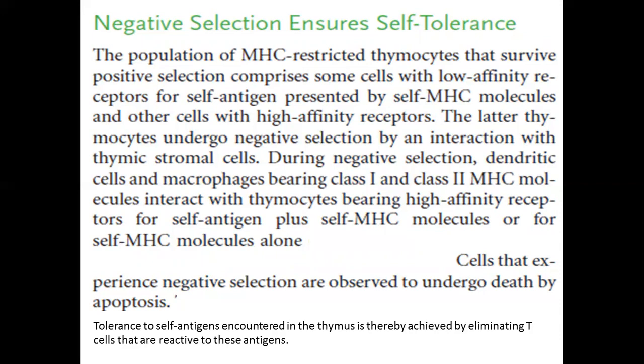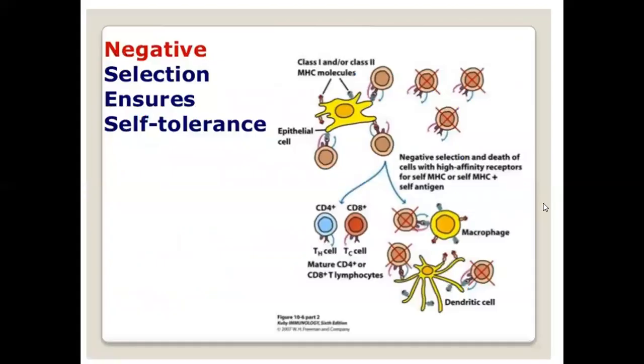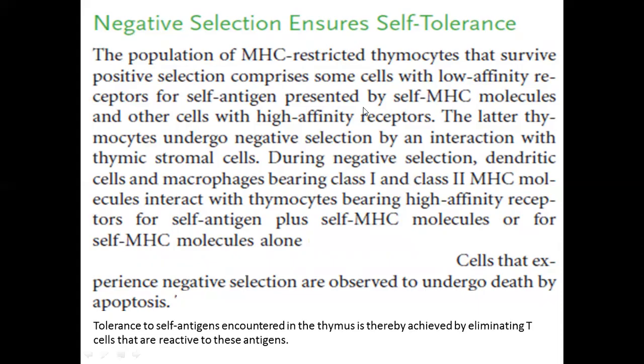Once the positively selected thymocytes are obtained, this population of MHC-restricted thymocytes that survive positive selection comprises some cells with low affinity receptors for the self antigen presented by the self MHC molecules, and other cells with high affinity receptors. That means positively selected cells will have both low affinity and high affinity to the self MHC molecules.